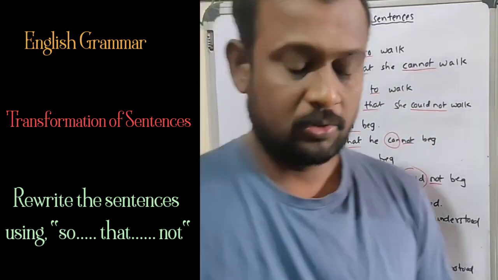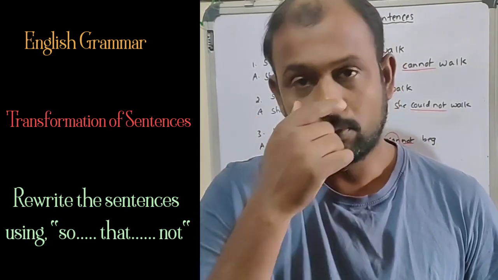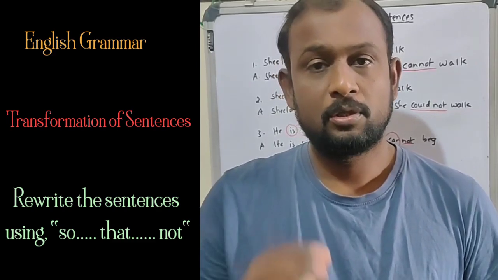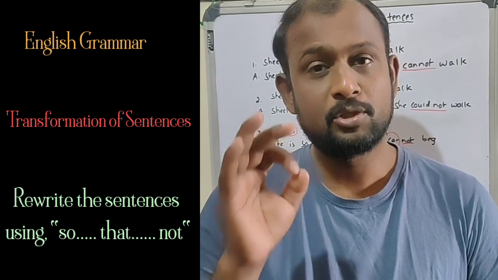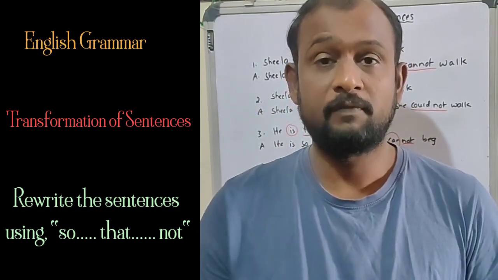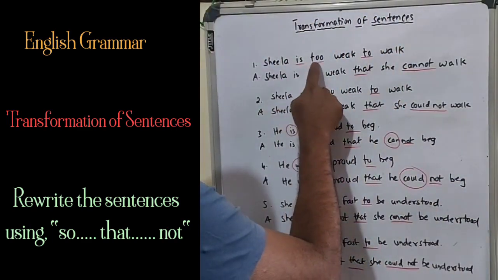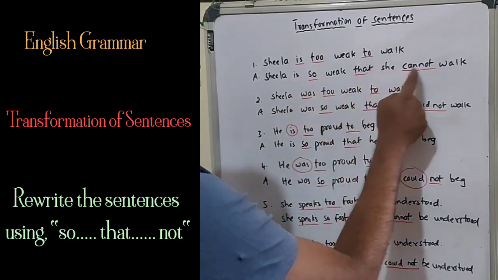Keep one thing in mind, dear students: when you transform one sentence into another form, you should not change the meaning of the statement. Meaning should remain the same, but only the grammatical structure is different. See here, "Sheila is too weak to walk" and "Sheila is so weak that she cannot walk."